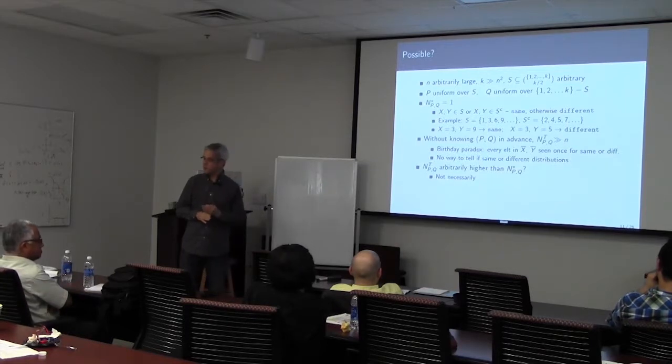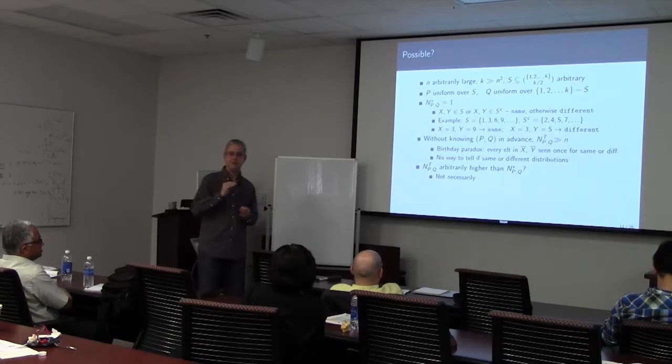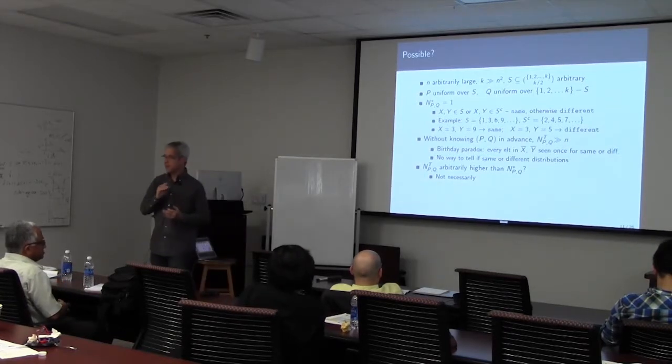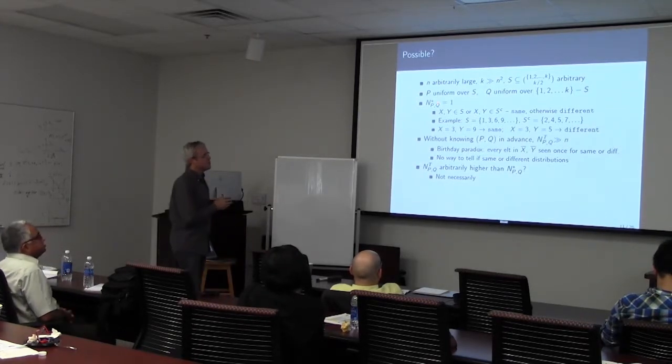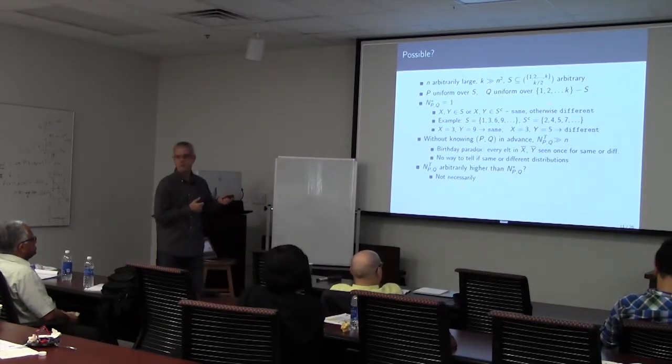We're missing the obvious. What was the obvious? The obvious was that the algorithm needs to be label invariant. Because here, the person who knows P and Q knows too much. They actually know the labels of the two sets.